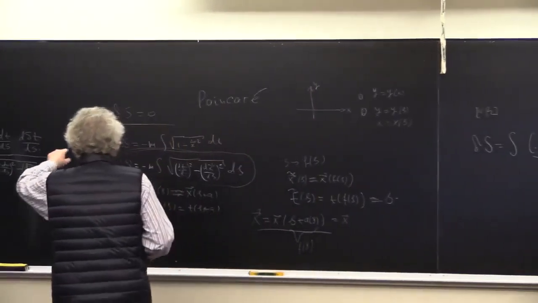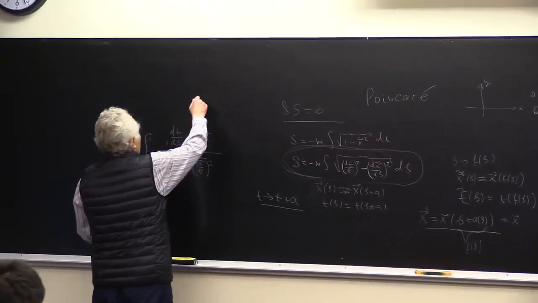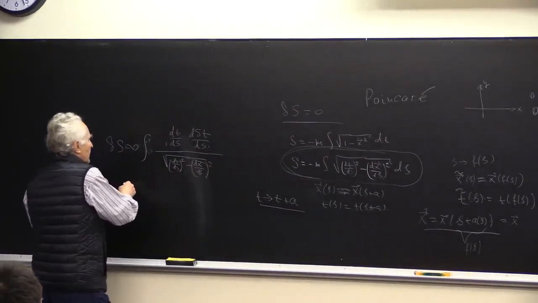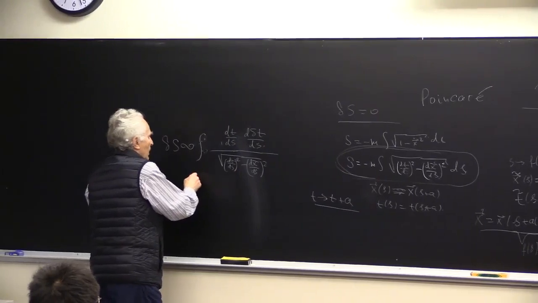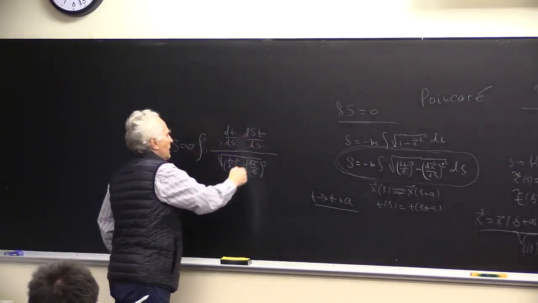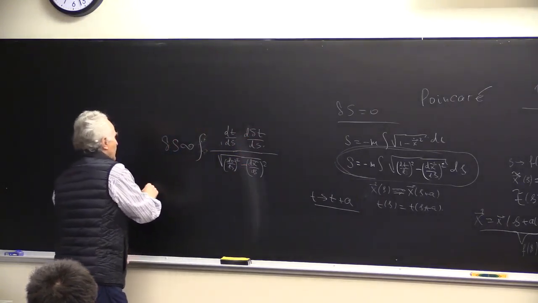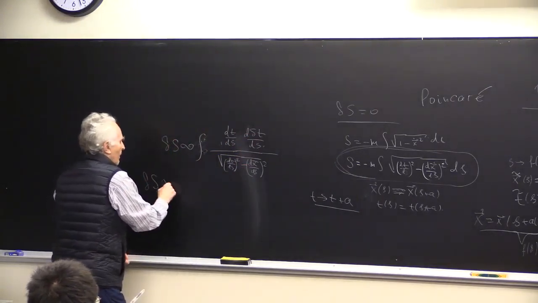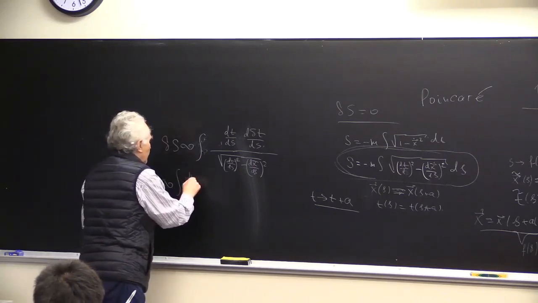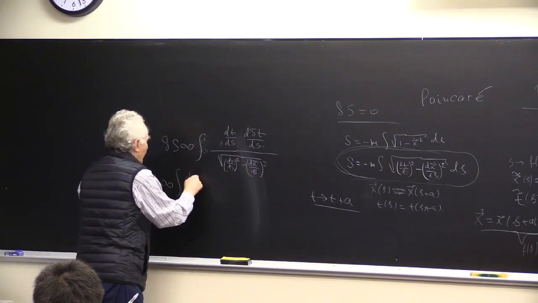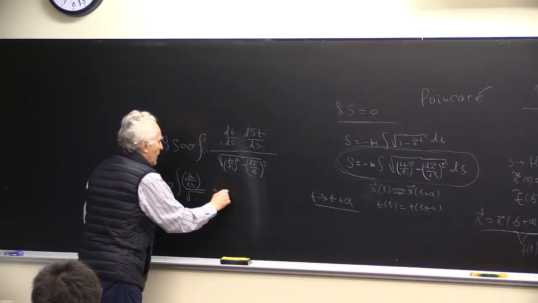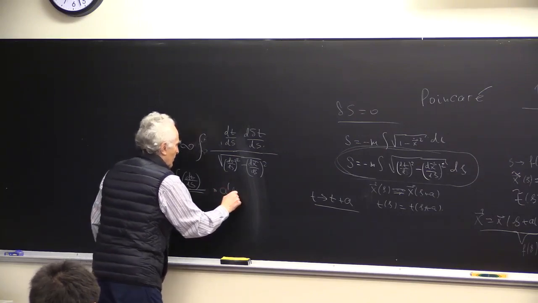Okay, so let's just do the variation. Since delta t is this, we get the variation of the action, which is proportional to dt ds square root multiplied by a prime of s ds.